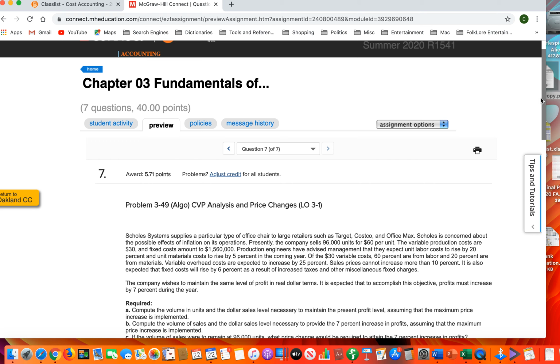And if you divide that by the new contribution margin per unit, you will get, I want you to do it yourself, you'll get 100,177 units. And you multiply that by 66, and you're going to need to sell $6,611,648.